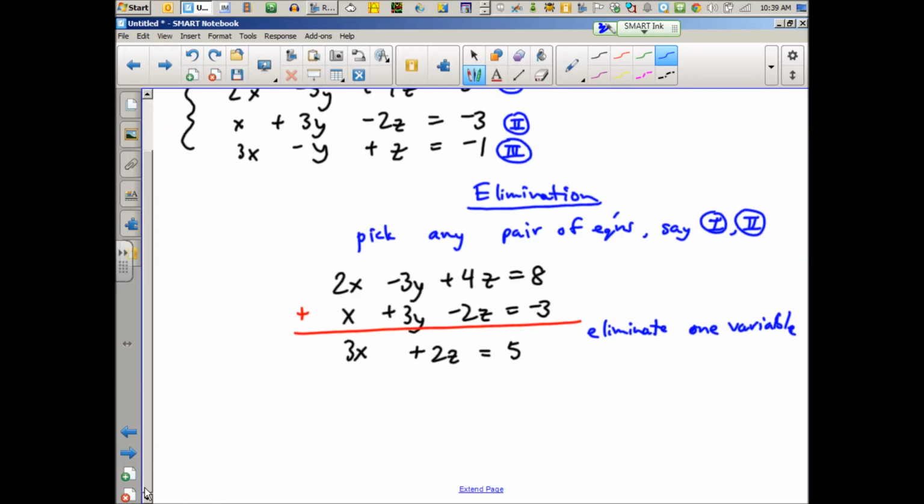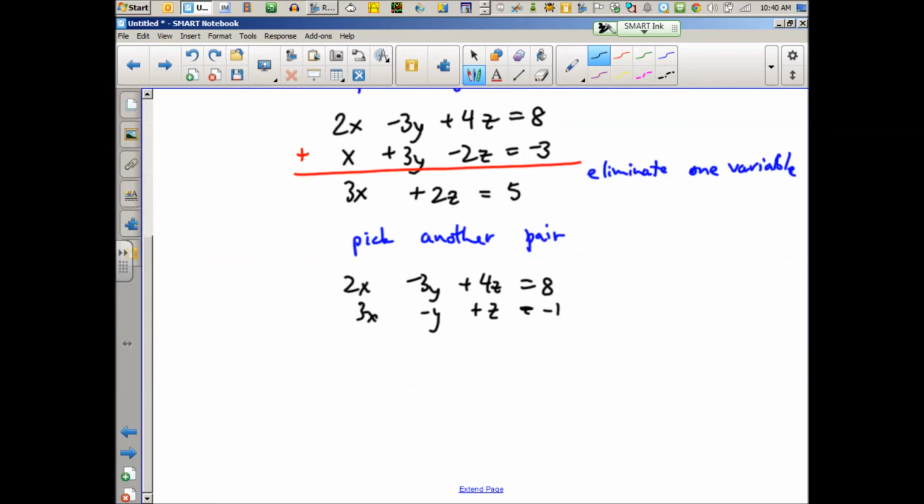Okay, then you pick a different pair of equations. Let's say the first and the third one. So this is maybe 1 and 3. You could do 2 and 3 if you wanted.